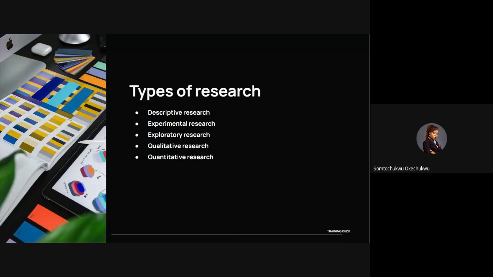Then we have exploratory research. Exploratory research is almost like descriptive research too. You're trying to explore and find out everything there is to know. So beyond just finding out about the TEFEM African Fellowship to give it a meaning in your mind, exploration would be, okay, what are other kinds of fellowships I could check out?